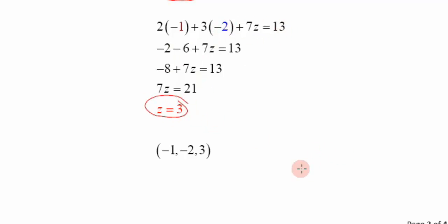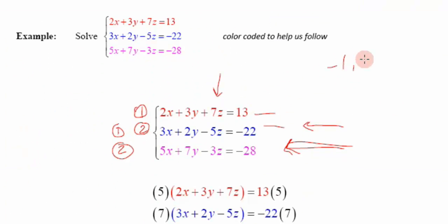Z is 3. Now -1, -2, and 3 were the three values, and that's the point where these planes intersect. -1, -2, and 3 works in each one of these, and you can put that in and it will make them all work. It makes the top one 13, the second one -22, and the third one -28.